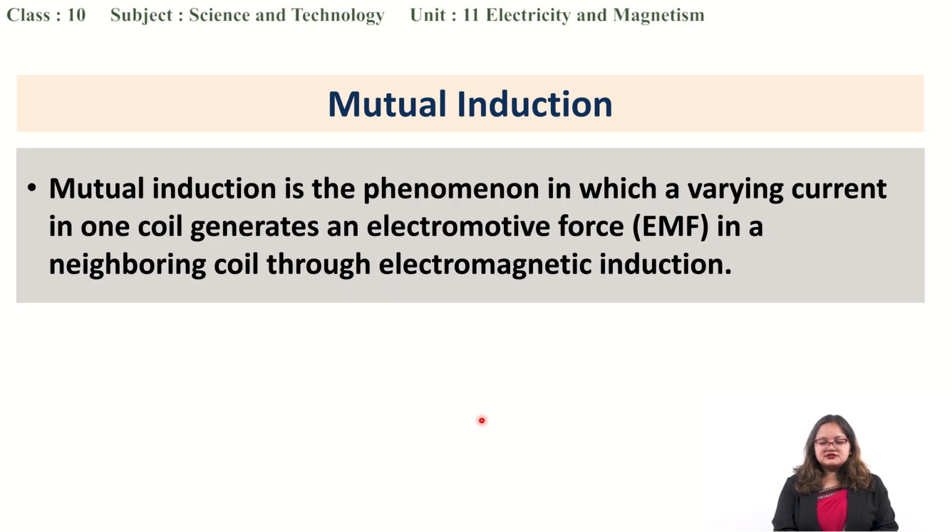It is the phenomenon in which a varying current in one coil generates an EMF in a neighboring coil through electromagnetic induction. So basically this is the mutual work of both coils, right? From one coil, since AC is supplied, what happens? The direction of the current is constantly changing. When the direction of the current is constantly changing, according to the magnetic effect of current, the magnetic field lines in the primary coil also constantly change.